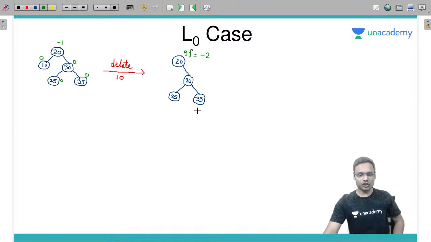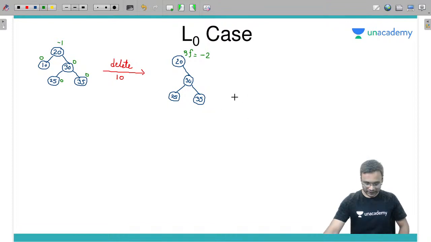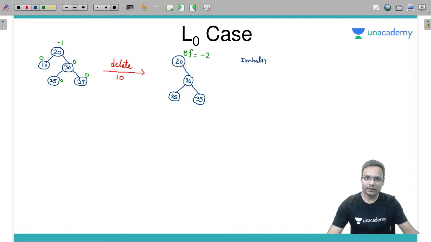Is it in the range? No, it's not in the range. So imbalance, yes. Where? On 20. So I'm writing that statement here. Imbalance at 20. Why? Because of deletion.